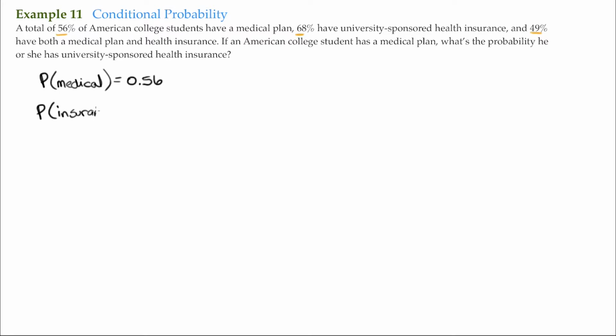So I'm just listing all the events here. And that is 68%. And 49% have both medical, and here's our and, health insurance. So here is medical and insurance. And of course, that is 49%.